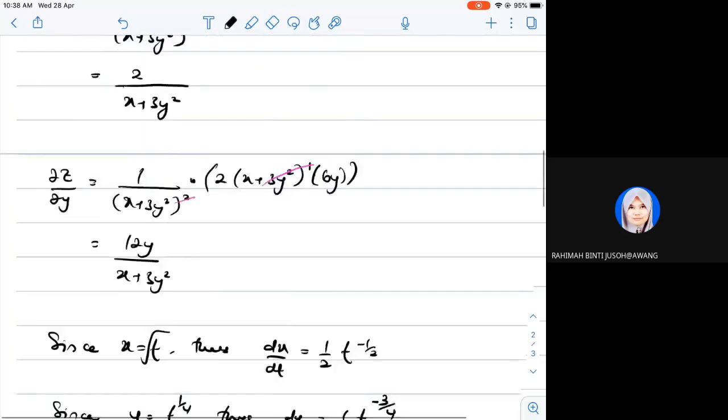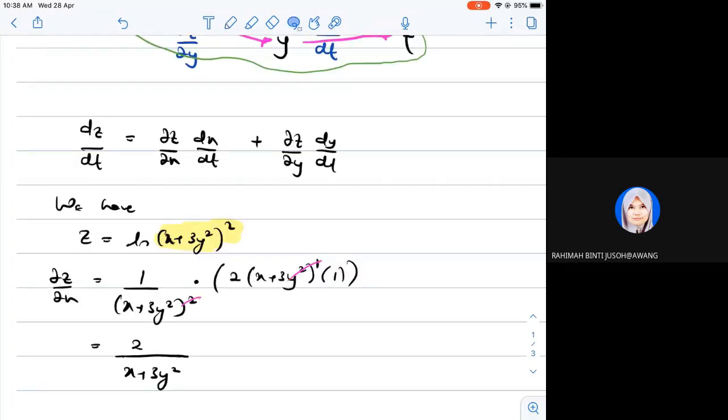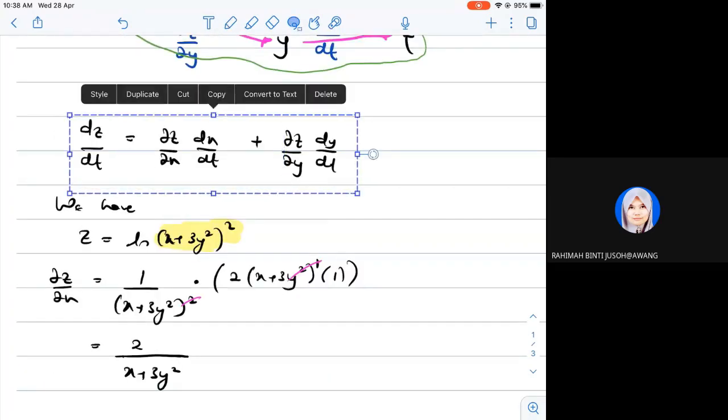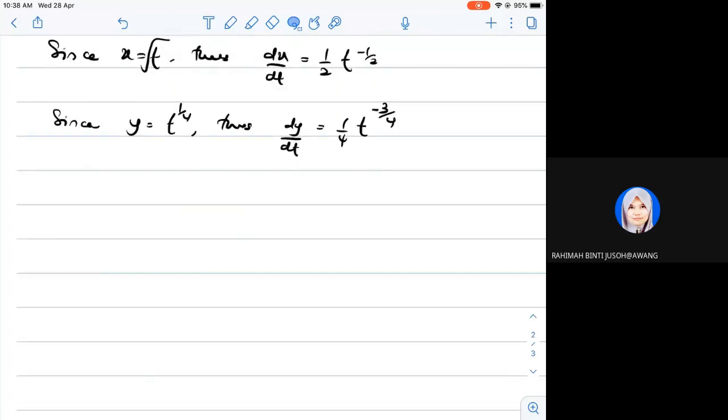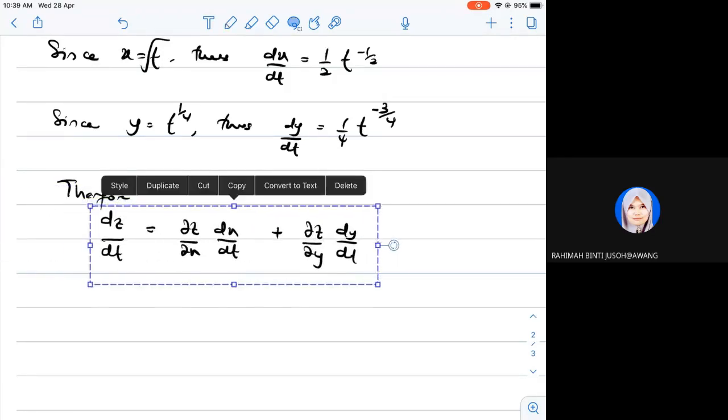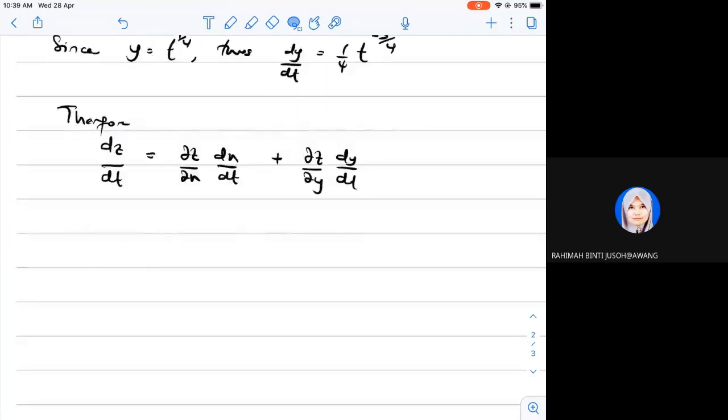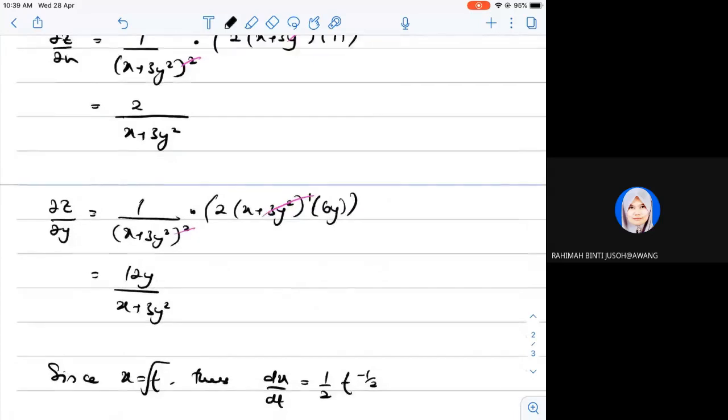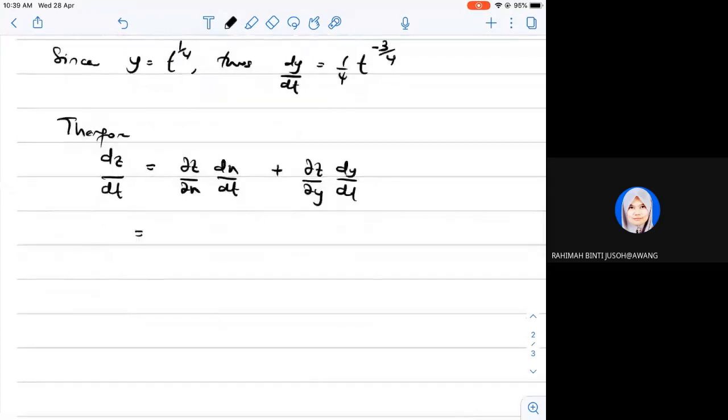So now we need to substitute inside the chain. So I copy again this. Therefore, dz over dt equals to the del Z over del X is 2 over X plus 3Y squared. Tak keluar saya punya ini.